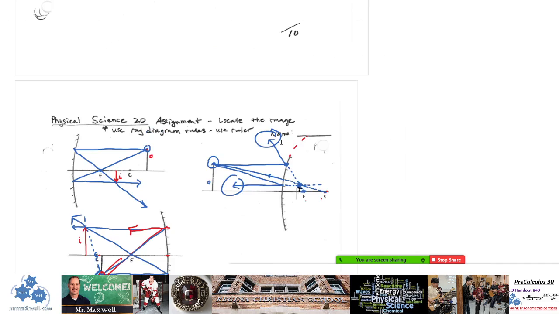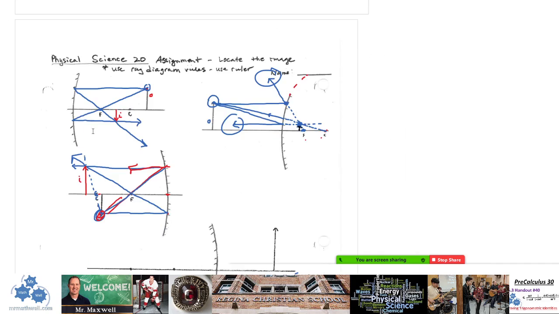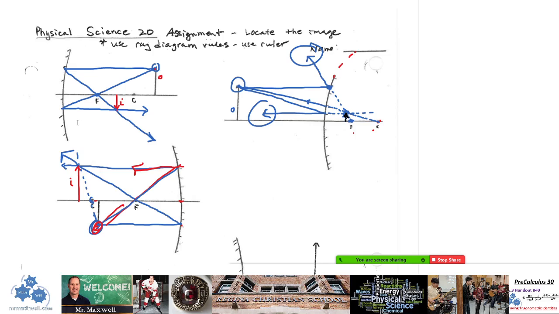A couple things to remember. The rules for diverging mirrors are the same as converging, except the focus and the center are behind the mirror, and the rays in front of the mirror for diverging are going to diverge. That's a shocker. What you extend are the reflected rays, as dotted lines behind the mirror, and they should meet back there somewhere.